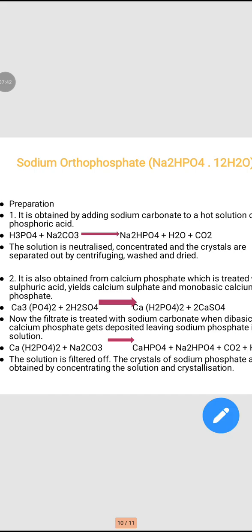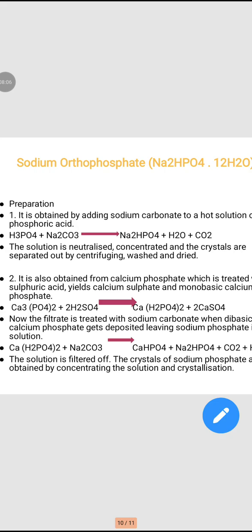Second method: it is also obtained from calcium phosphate, which is treated with sulfuric acid. Ca3(PO4)2 is treated with H2SO4 to form calcium sulfate CaSO4 and monobasic calcium phosphate Ca(H2PO4)2. Then the filtrate is treated with sodium carbonate.